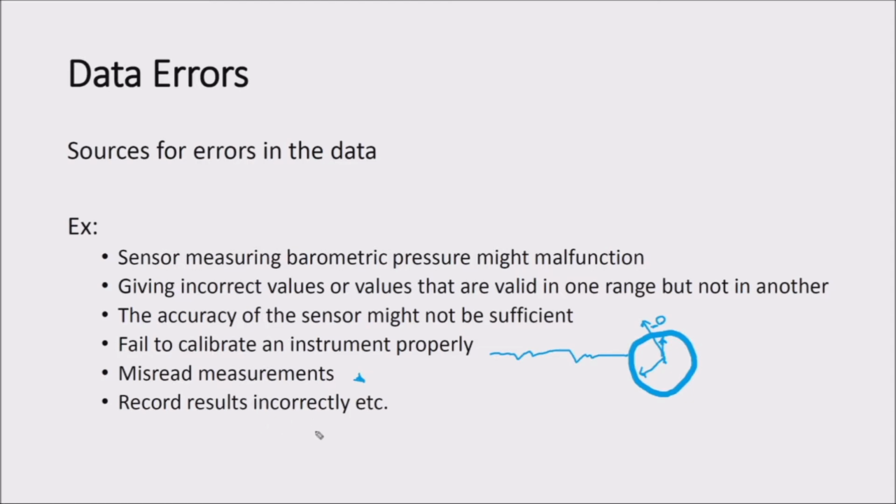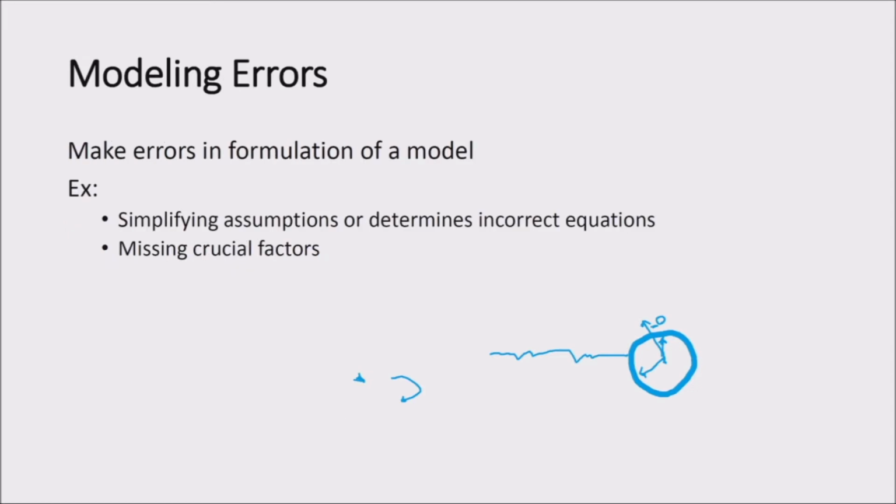Recording results incorrectly is one part related to this, of course. So those are the things that can happen when you're collecting and analyzing data. There are more errors that we're going to look at in this lesson about errors.